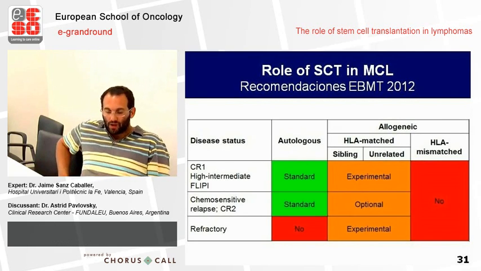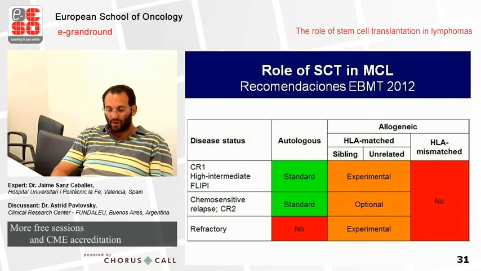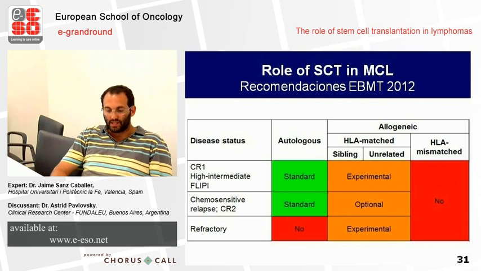Slide number 31. To conclude, recommendations of the EBMT for mantle cell lymphoma. Despite the lack of a survival benefit in randomized studies, high-dose chemotherapy and autologous transplant is recommended in fit patients with chemosensitive disease as first-line therapy.